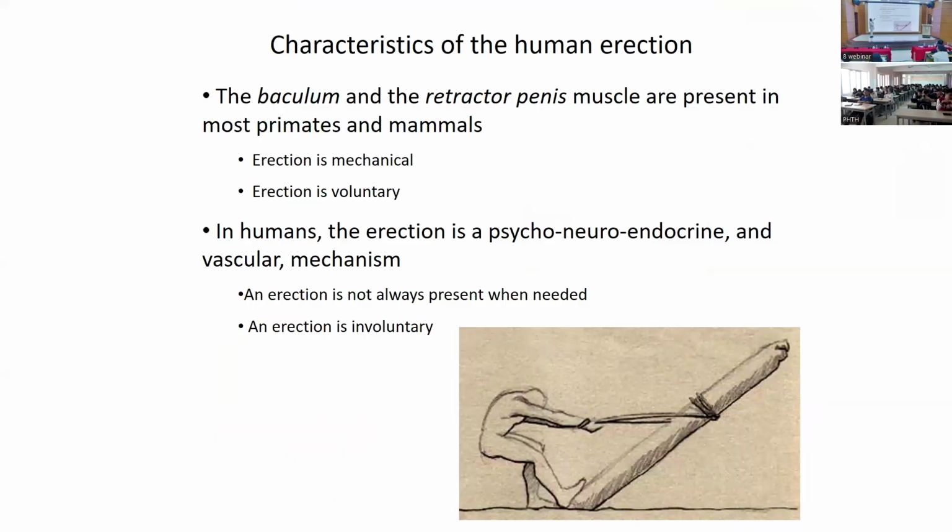When you have the bone, the erection is mechanical, under voluntary control. When you don't have the bone, the erection is not always present when you want to have it, and the erection is completely outside the control of the brain. The brain is not able to order the penis to have an erection.